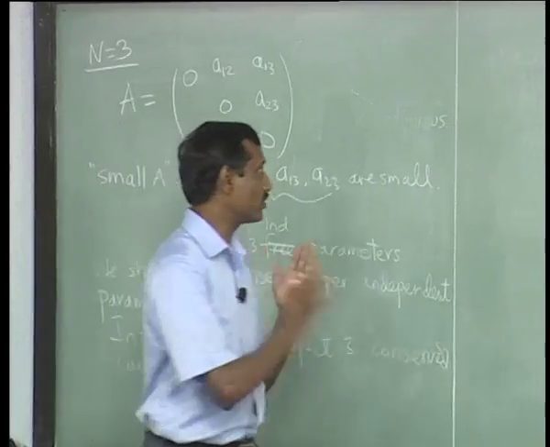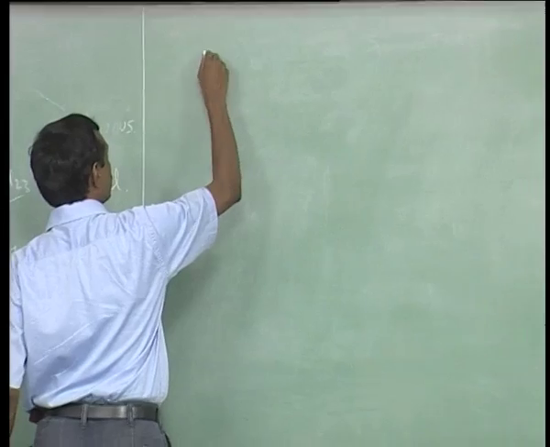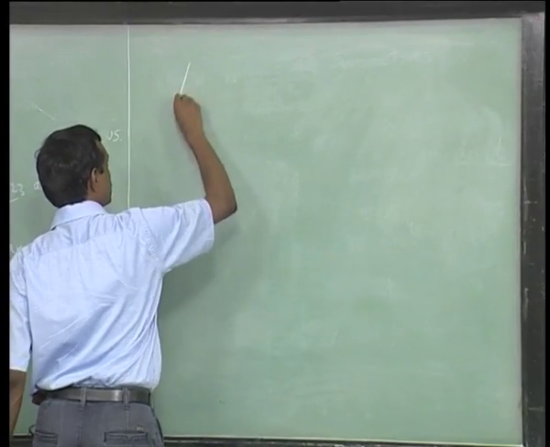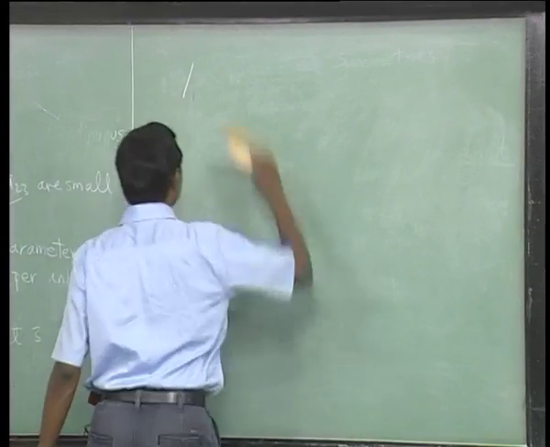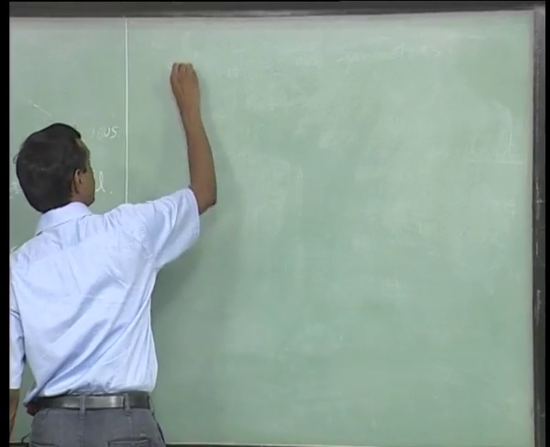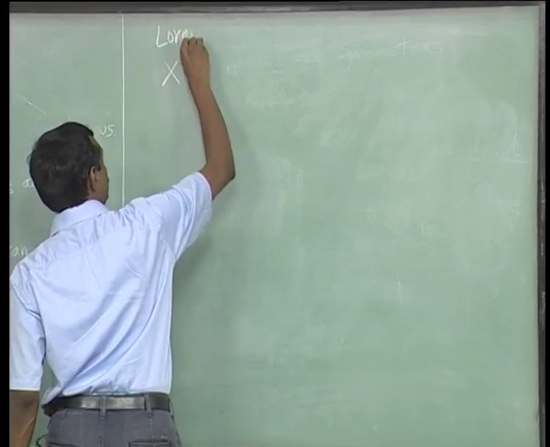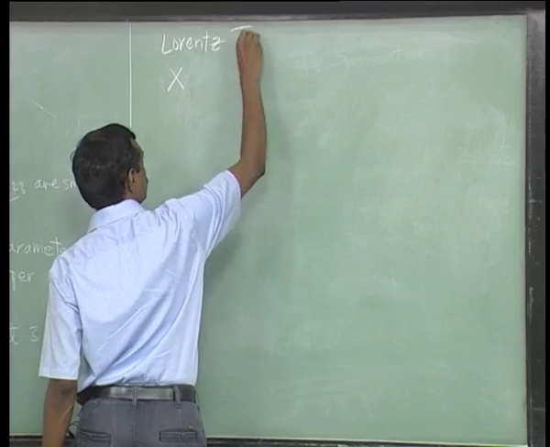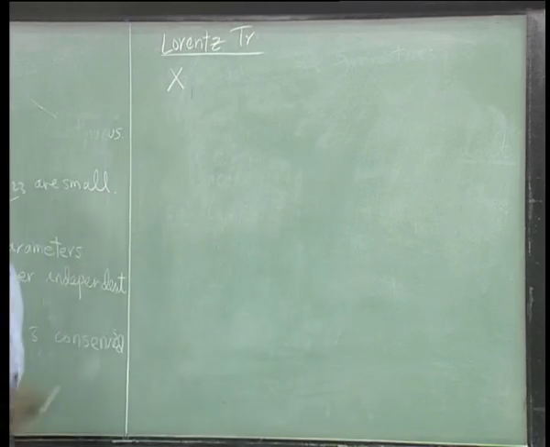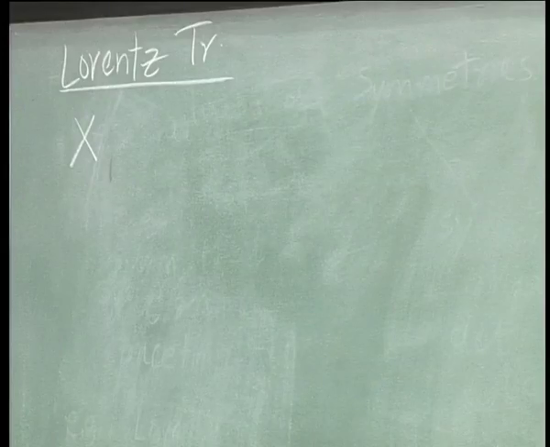So, I will work this out, and it is a good example of why keeping one lower, one upper, etc., makes sense. Okay. So, let us go back and look at the definition of the Lorentz transformation, which is just that. We wrote something like this. The idea is that we are going to work out the infinitesimal Lorentz transformation.